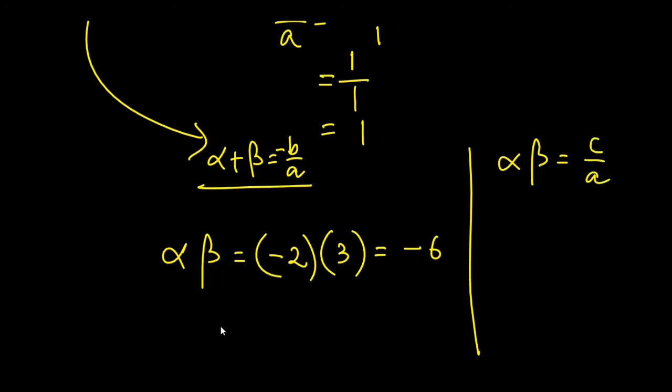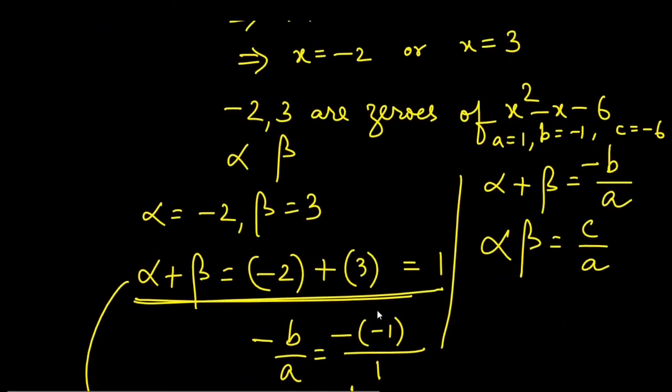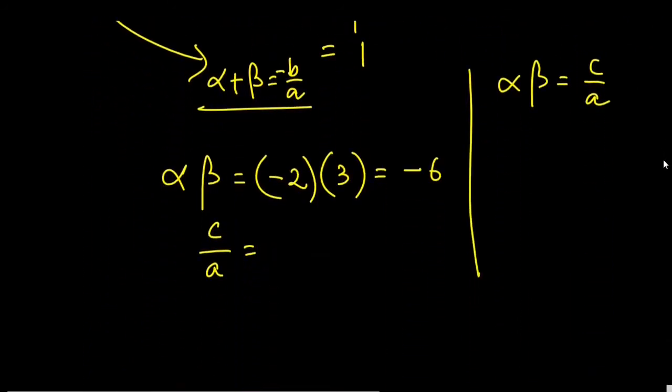Now let us see what is c by a. Value of c is here minus 6. So minus 6 by a is 1. Minus 6 by 1. This is minus 6.